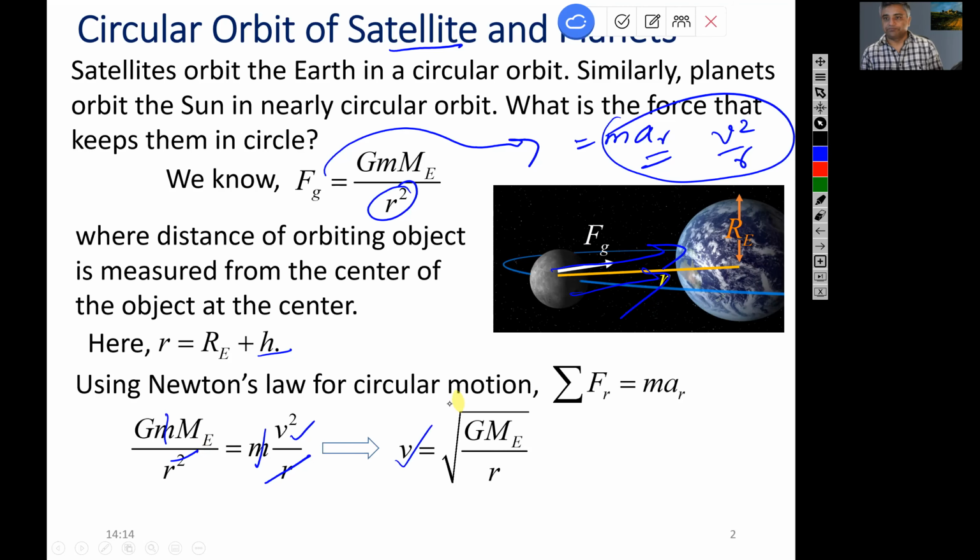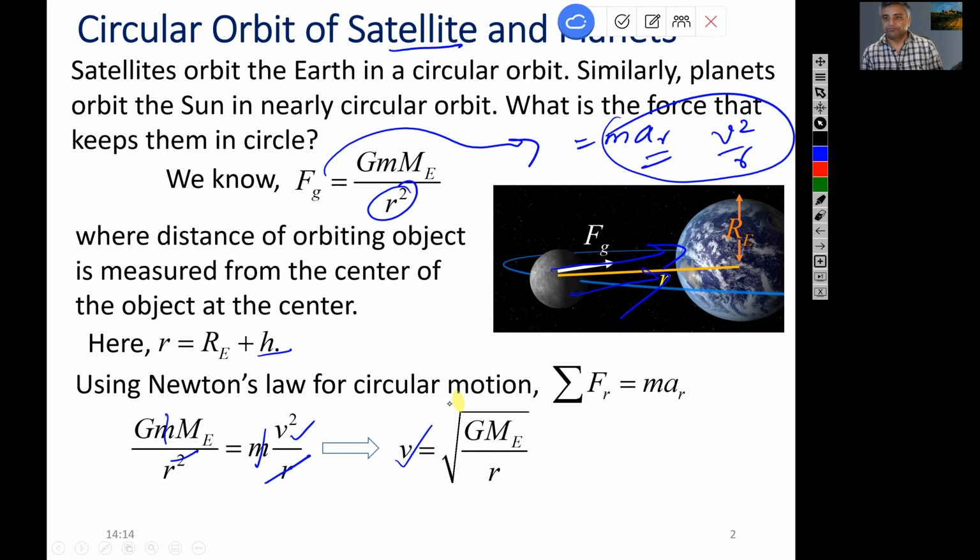This satellite can be artificial or natural. If we know the distance, how far we want that satellite to go around the Earth, that means we know how fast it has to be moving to go in a circle. Otherwise, it's not going to stay at that height.